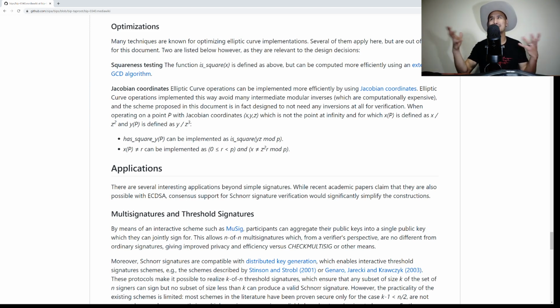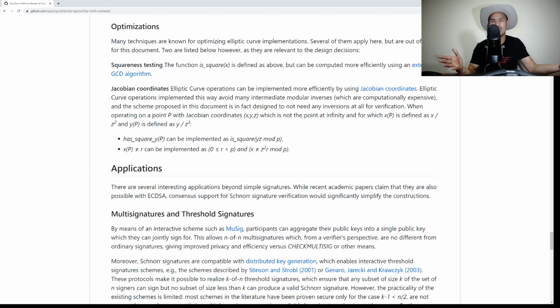So all that is to say, basically division in elliptic curve cryptography ends up being enormously expensive. This is what takes up a lot of your CPU time when you're doing signature and verification and so on. So by using Jacobian coordinates, you can avoid a lot of the inversions, or essentially divisions.